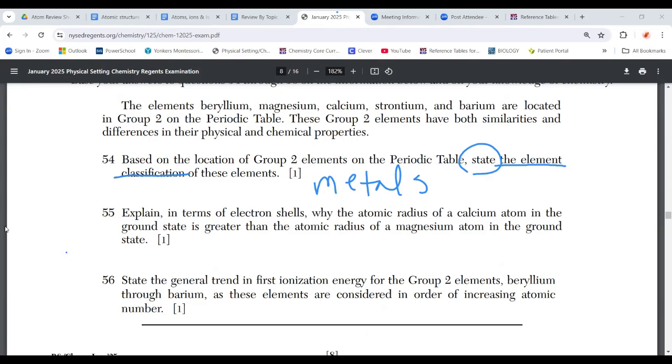Explain in terms of electron shells why the atomic radius of calcium is greater than the atomic radius of magnesium. We're still in the same group. Atomic radius is essentially the distance from the nucleus to the outermost electron, which is shown on the periodic table as the valence electron. It's the last electron in the configuration.